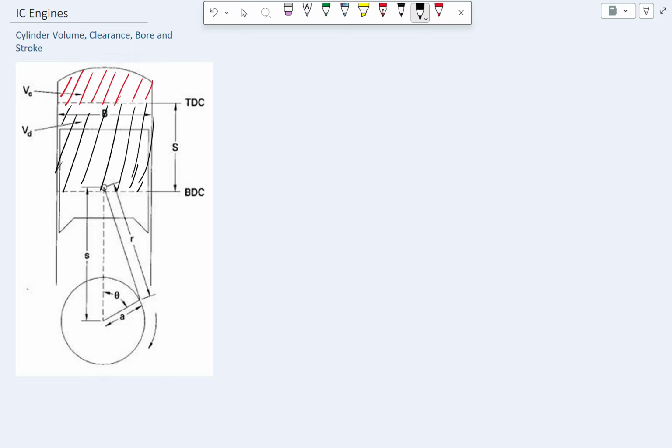To start with, we're going to talk about VD, the displacement of the engine. In order to calculate the displacement, we can do some geometrical analysis and look at the system as a cylinder.